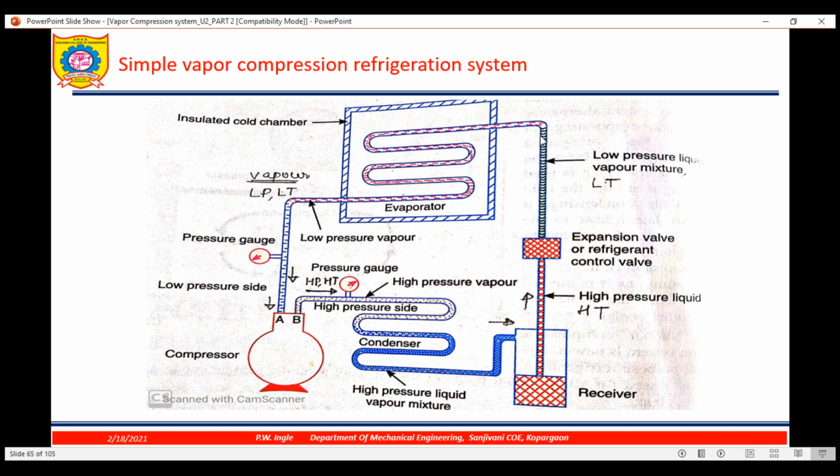So the condition of refrigerant will be low temperature, low pressure refrigerant in liquid condition before it enters the evaporator, because this evaporator is placed inside the body of the refrigerator, and its function is to absorb the heat from the food items, vegetables or whatever is stored in the refrigerator.